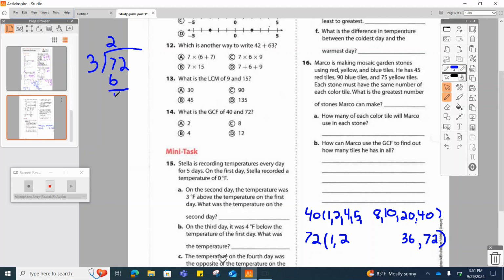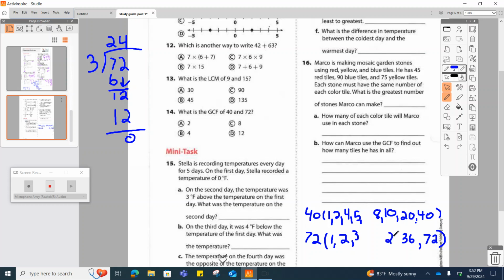Bring down the 2. 3 goes into 12 4 times. 4 times 3 is 12. So it's 3 and 24.